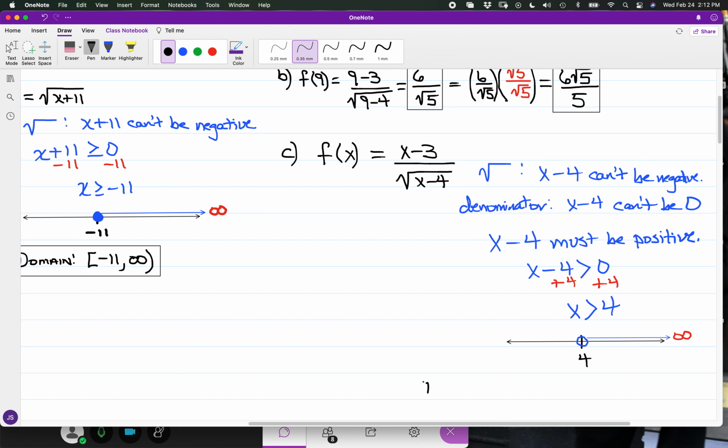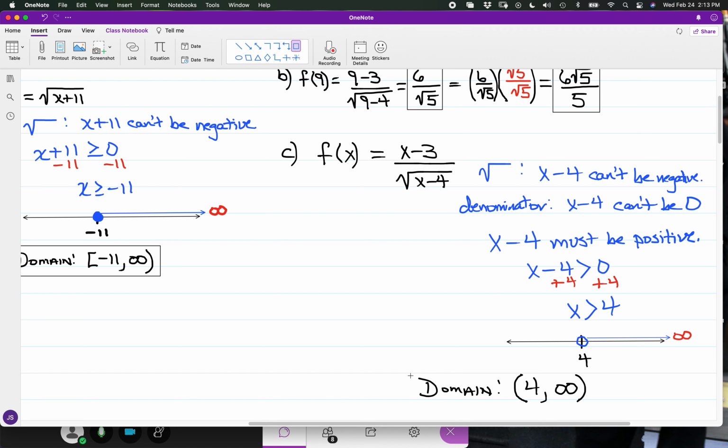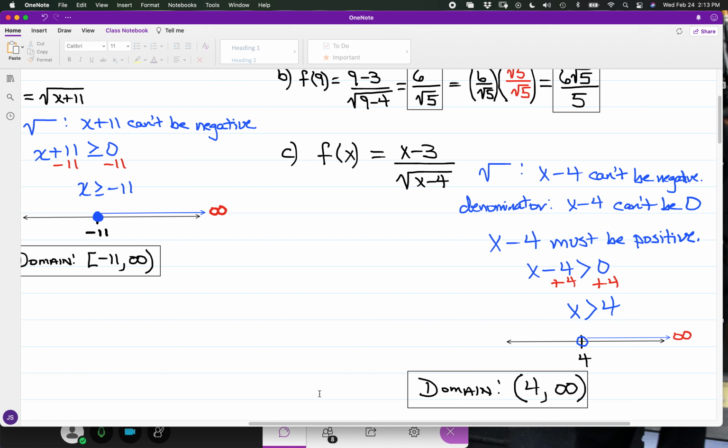So for the domain of this function, in interval notation, we have going from 4 out to infinity. Again, 4 is not included, so we have parentheses placed, and infinity is boundless. So for this radical and rational function, we have once again the domain in interval notation, with parentheses around 4 and infinity.